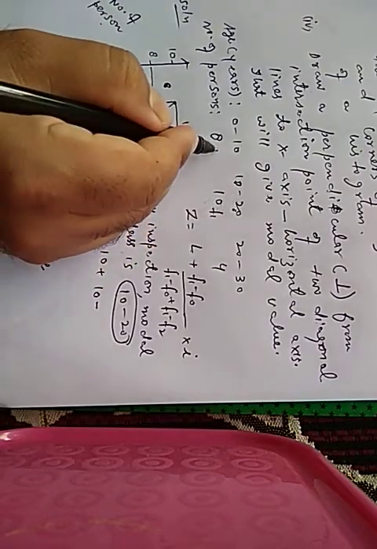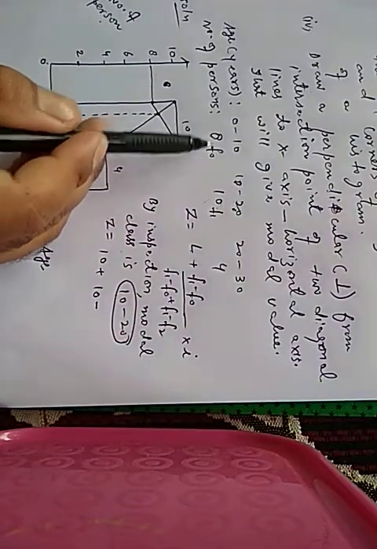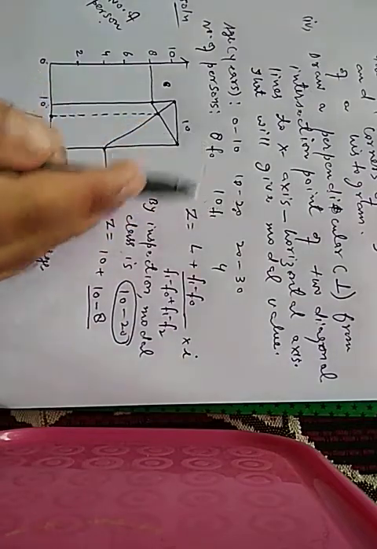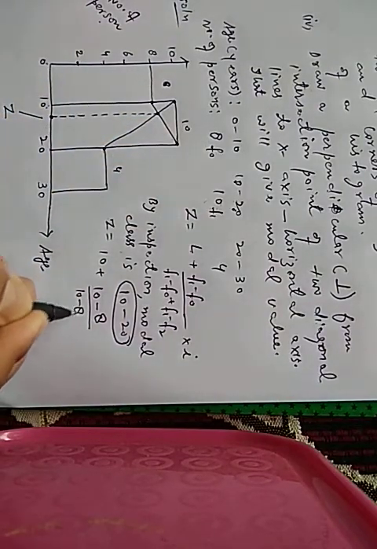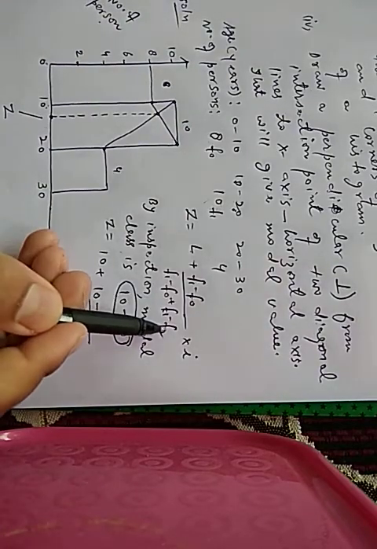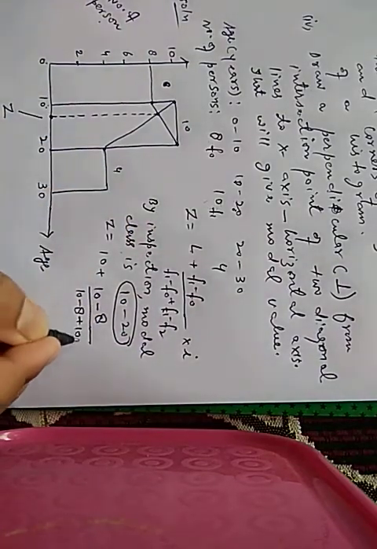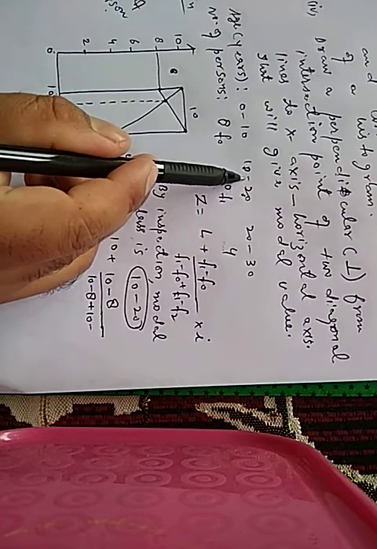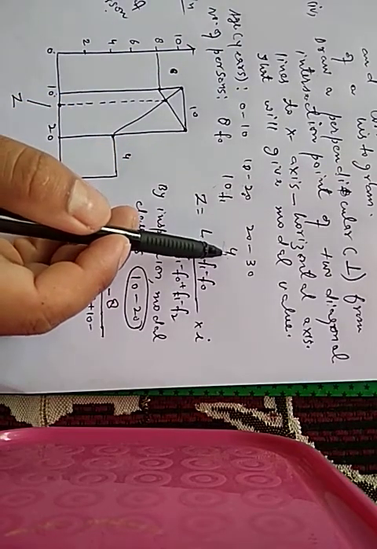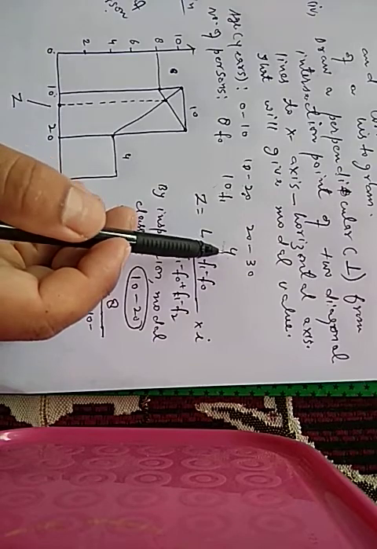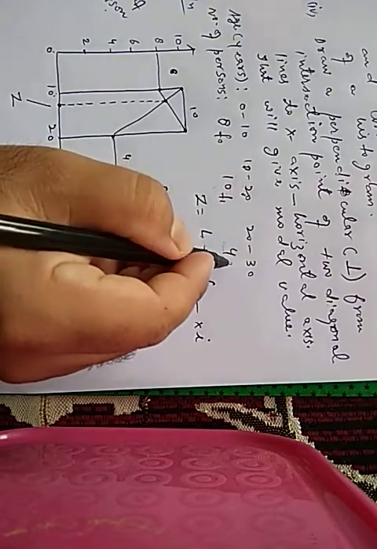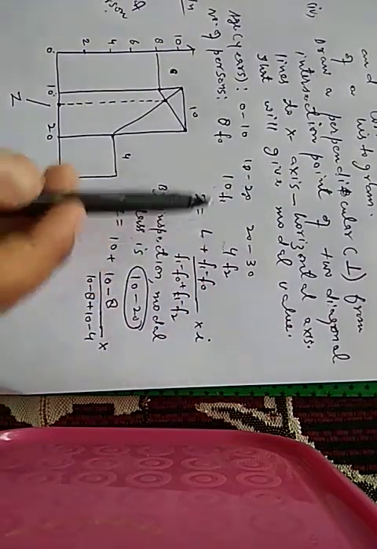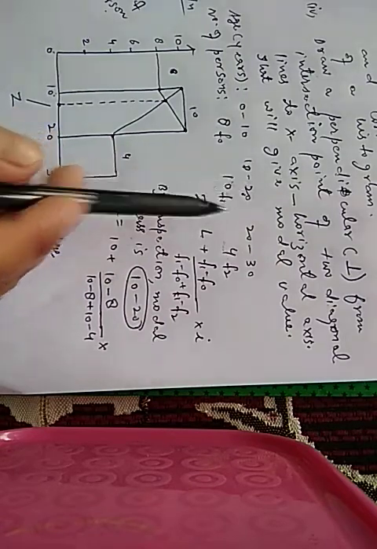This is the modal class, its preceding frequency is 8, f0, divided by f1 minus f0, that is 10 minus 8, plus f1 minus f2. f1 is 10 and f2 is the succeeding frequency of the modal class; its succeeding frequency is 4, or we can say frequency of post modal class, f2, that is equal to 4, multiplied by size of modal class interval, that is 10 to 20, it is equal to 10.